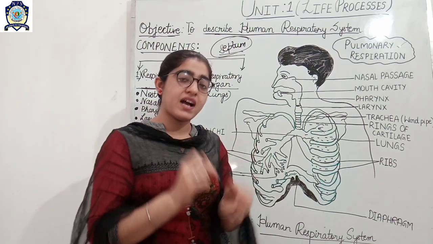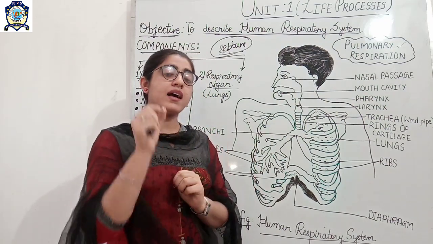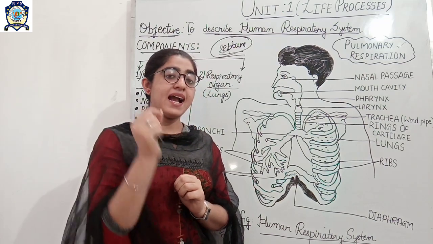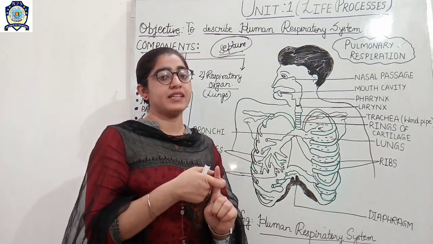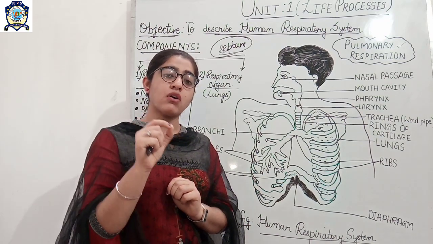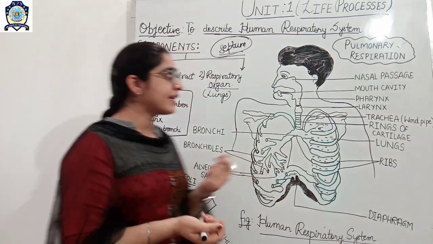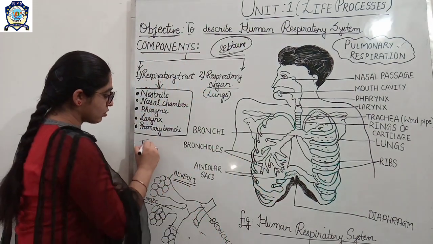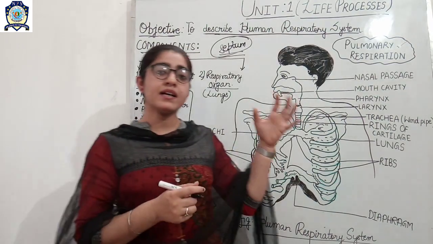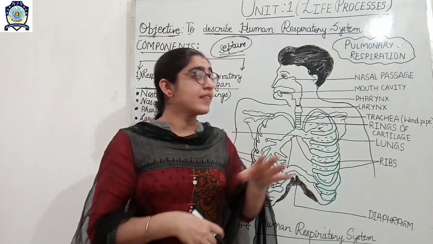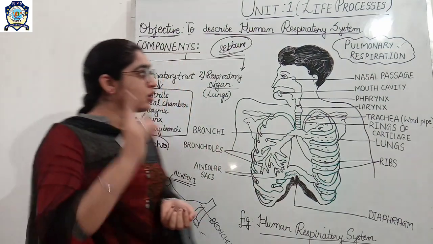So in the pharynx, two pipes, the food pipe and the wind pipe, both cross each other, and the opening of the air pipe, और air pipe को हम और क्या कहते हैं? Air pipe is also called the trachea. तो trachea, the opening of the trachea into the pharynx is called the glottis.